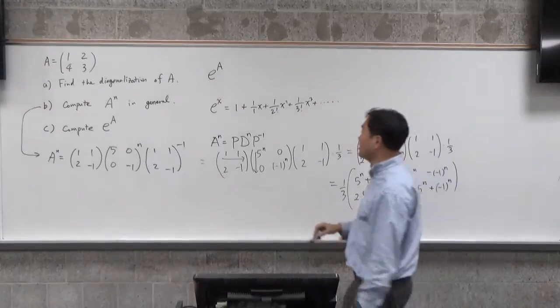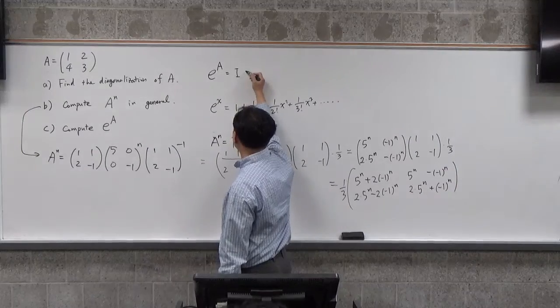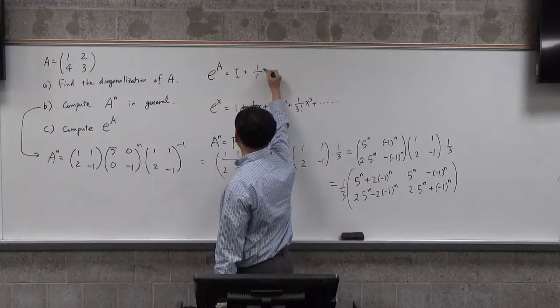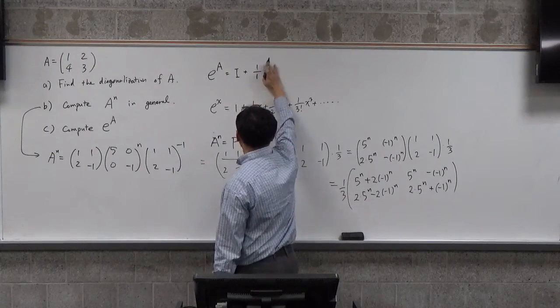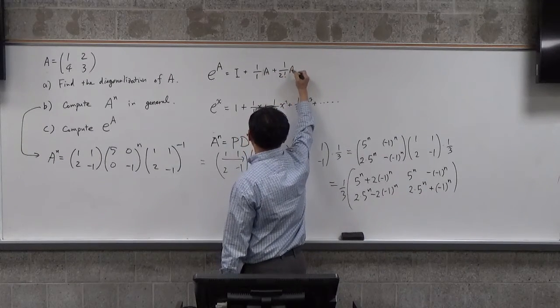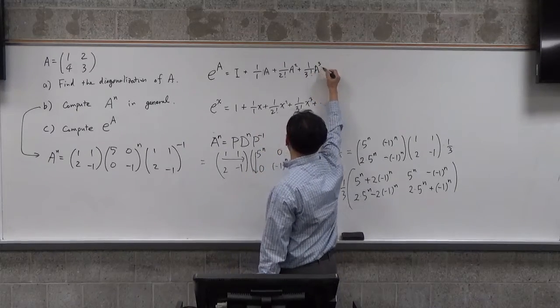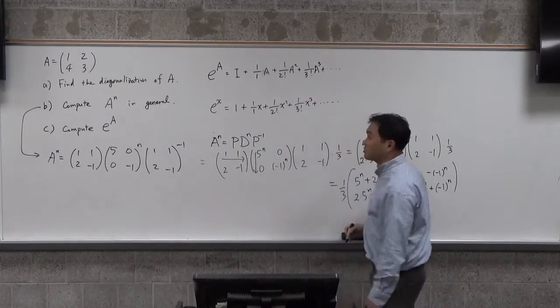So, what would this mean? Identity plus 1 over 1, A. Instead of x, you have A, right? 1 over 2 factorial, A squared. 1 over 3 factorial, A cubed. That's what it is, right?